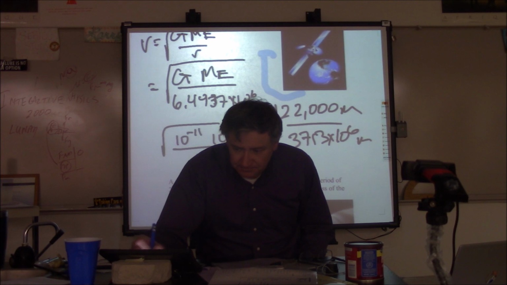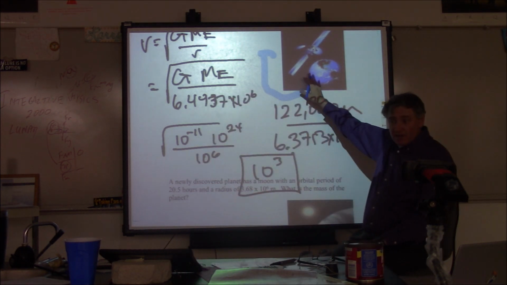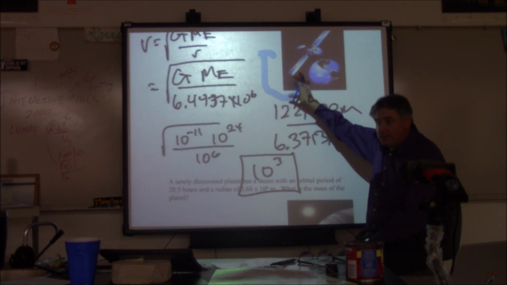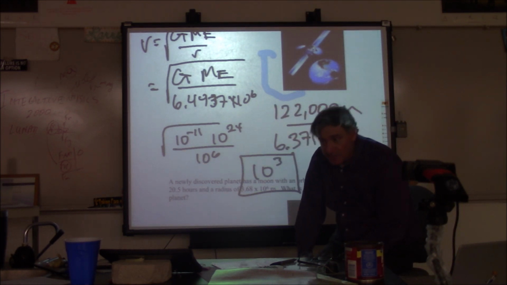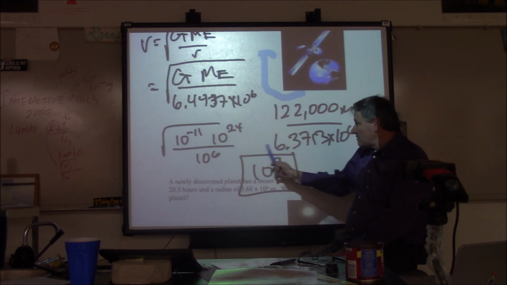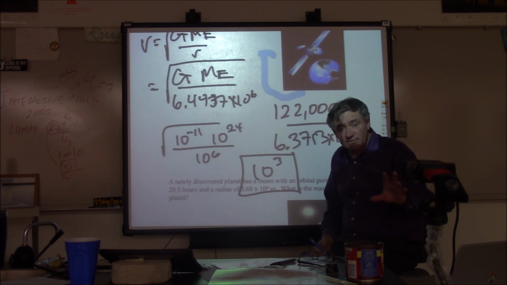So what you'll see is that objects that orbit in a near-Earth orbit around the Earth, and you also see this around the Moon, these order of exponents for your velocity should be 10 to the third.